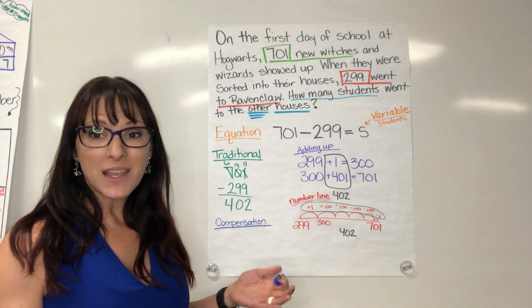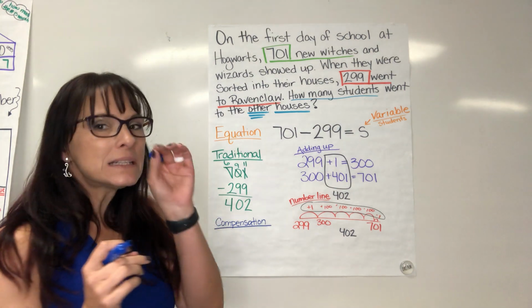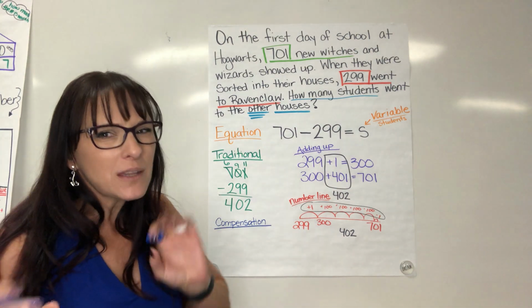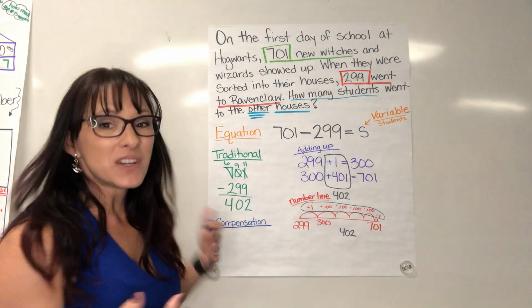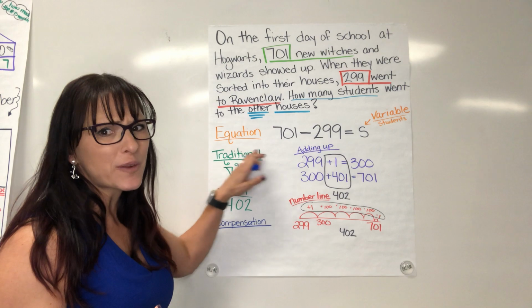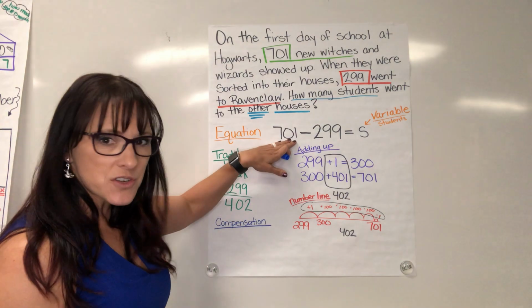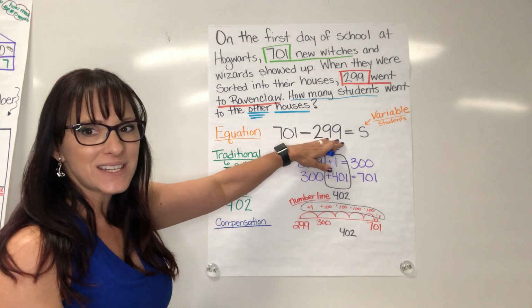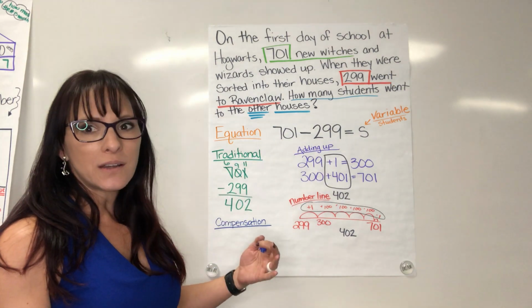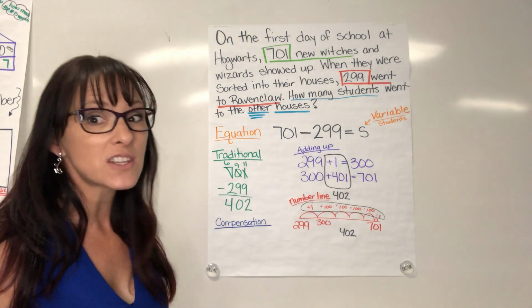We are gonna compensate. We're almost gonna do a little tiny bit of rounding, maybe. Okay, you can definitely compensate using rounding, but because our numbers are already pretty friendly looking, we have a 701, which is just one more than 700, and we have 299, which is just one away from 300. So watch what I do.